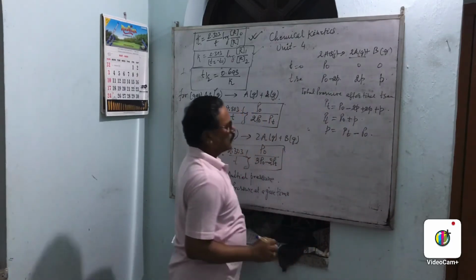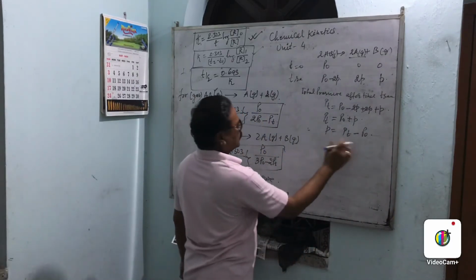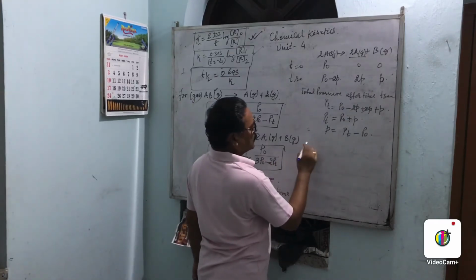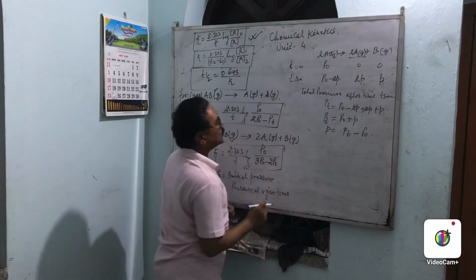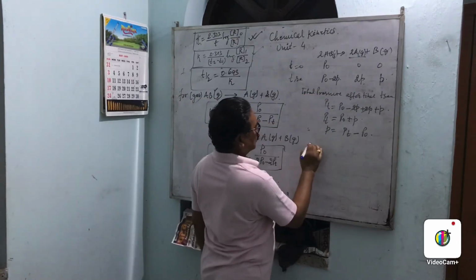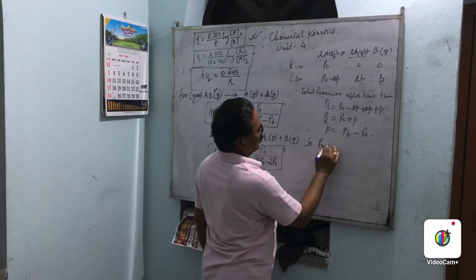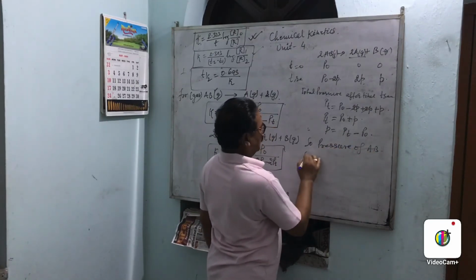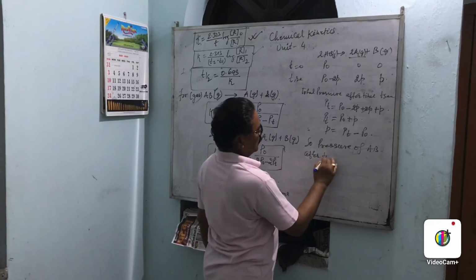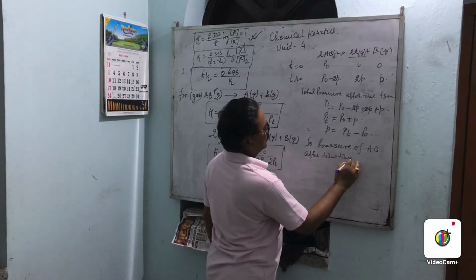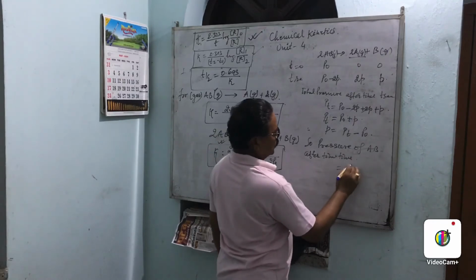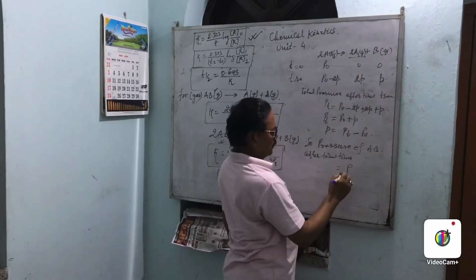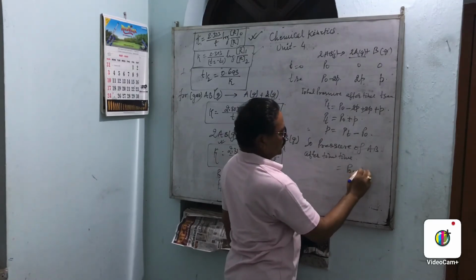Now, the pressure of A after time t is equal to what? Its pressure is reduced because the molecules are formed on the product side, so it is P naught minus 2P.